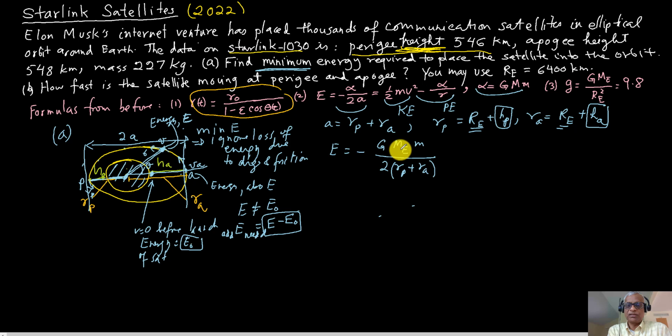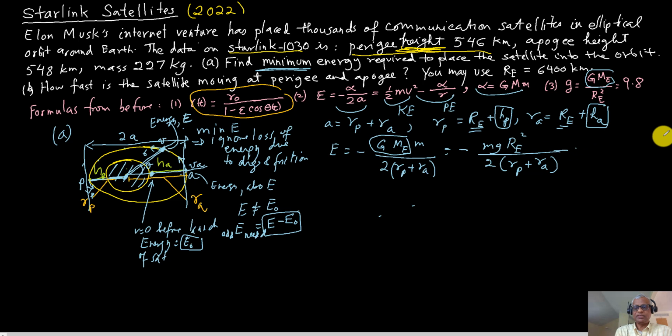Over here I need to know the mass of the Earth, but it is also given to us that we can use this to replace some of that, and that turns out to be minus G RE squared, so mg RE squared over 2 times RP plus RA. So that's the energy.